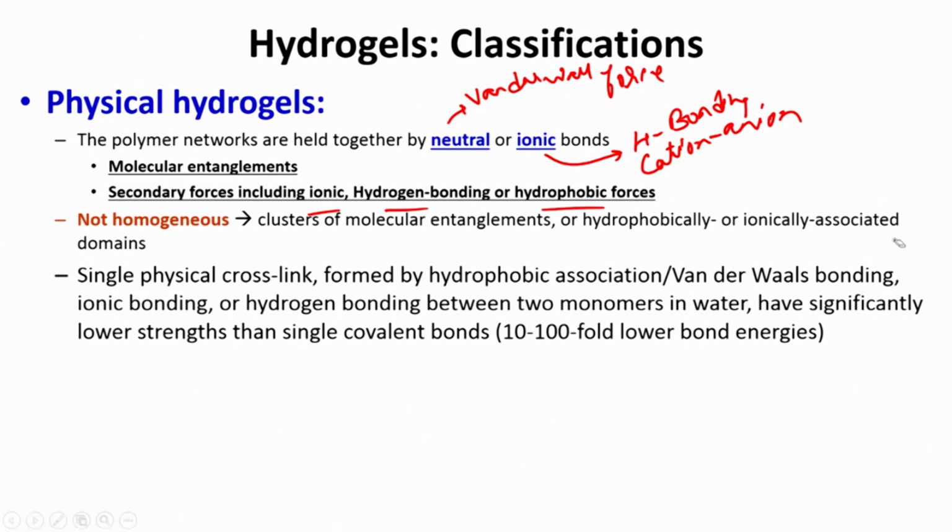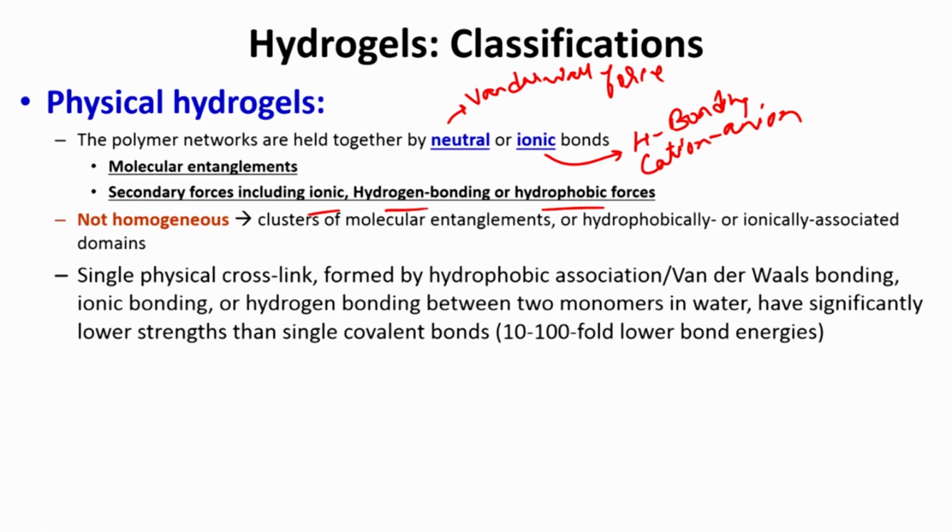Okay, as I said, there are single physical cross links. These are formed by hydrophobic association, van der Waals bonding, ionic bonding, hydrogen bonding between two monomers in water. They have significantly lower strengths. Covalent bonds are typically much higher strength than these physical interactions.